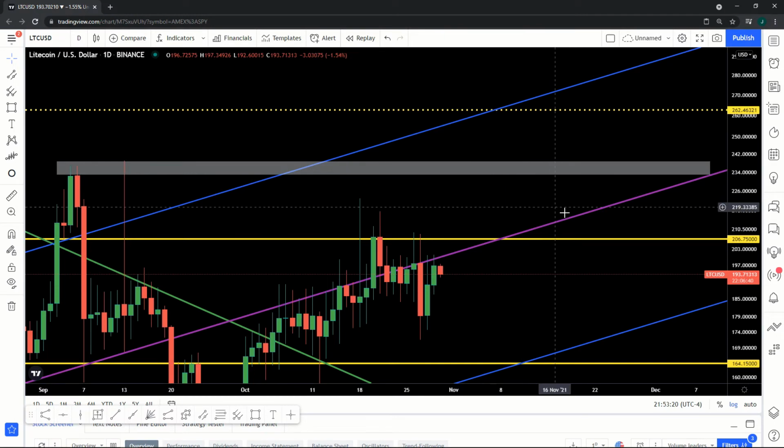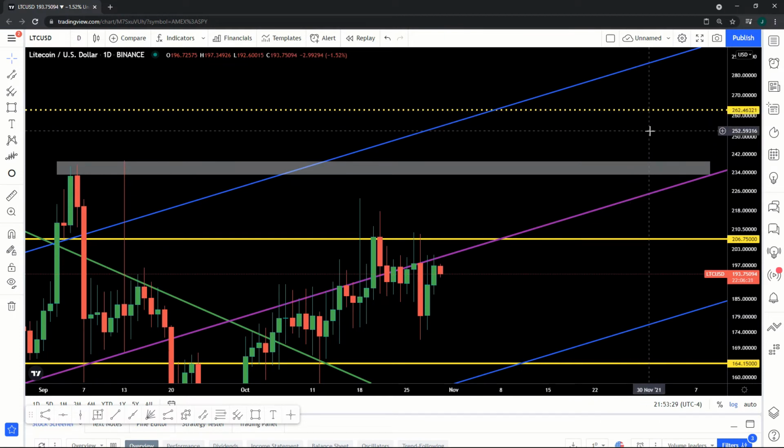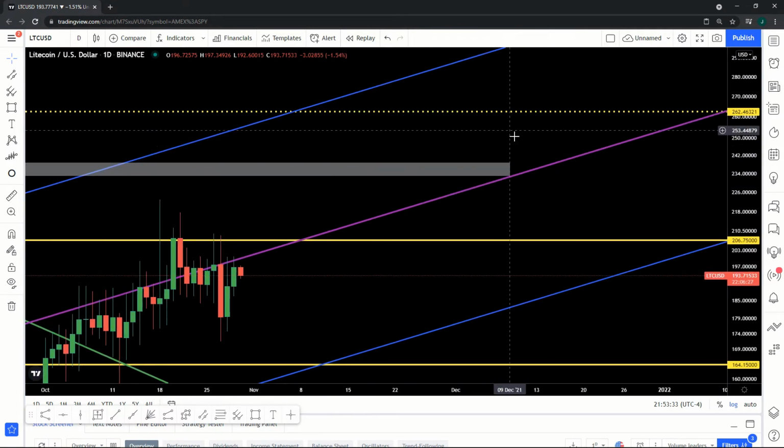And if price fades down, at least now price is above this purple and may try and test 262.46. If that was the case, it may start losing some gas, maybe towards the end of December. Towards the end of November.